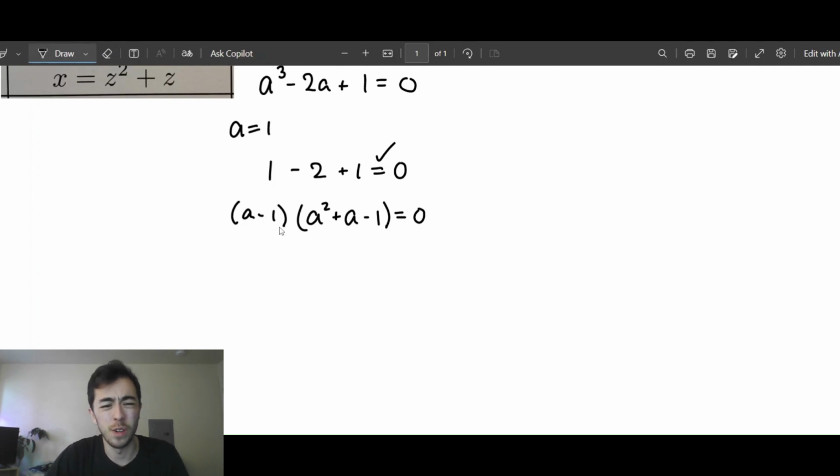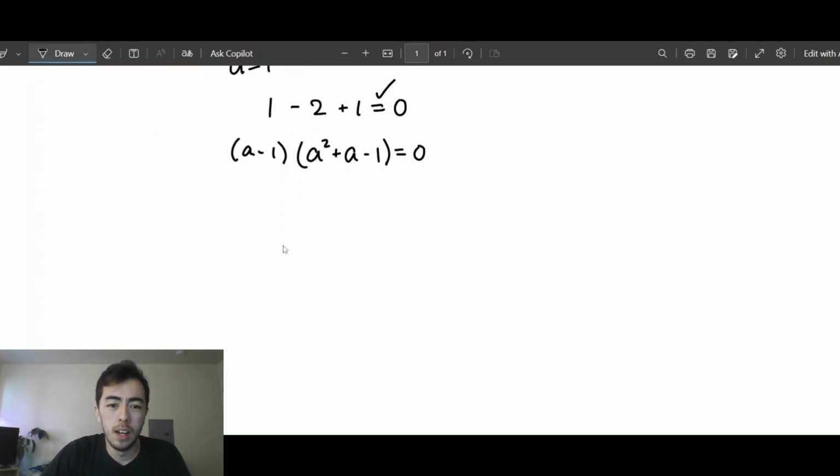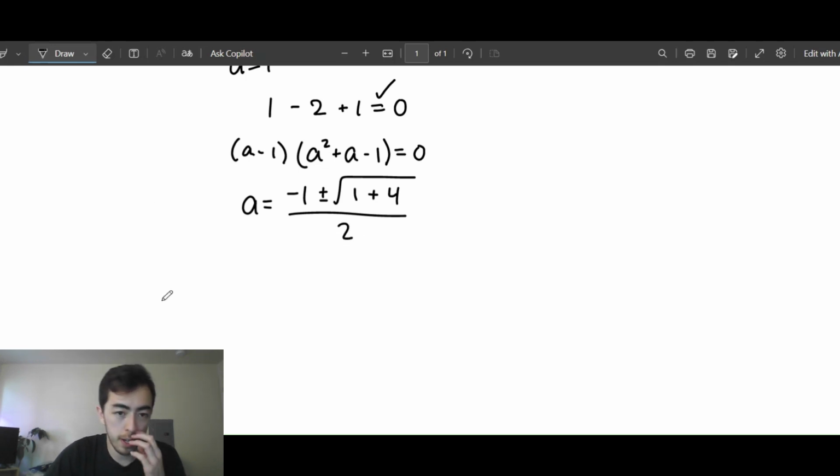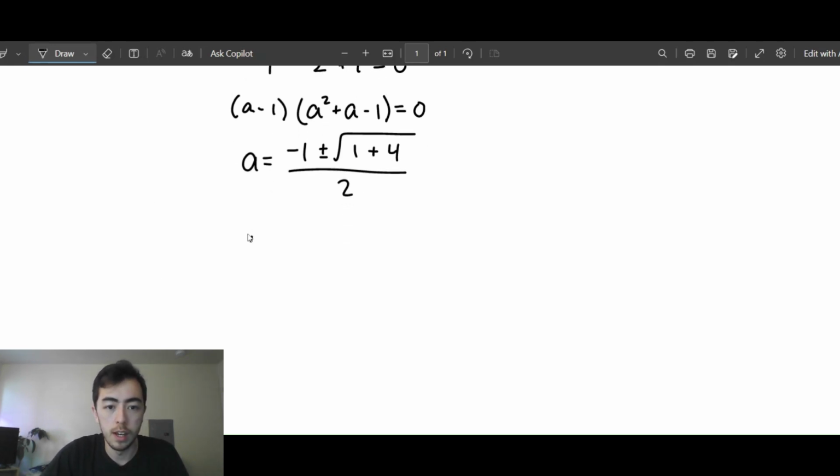I guess I'll just use the quadratic formula. So a is equal to -1 plus or minus the square root of 1 minus -4, which will be just plus 4, all over 2. And simplifying this, I get 2 solutions. I get a is equal to -1 plus or minus root 5 over 2.